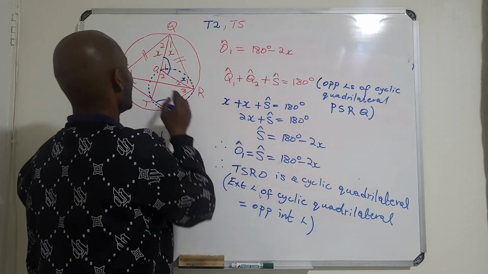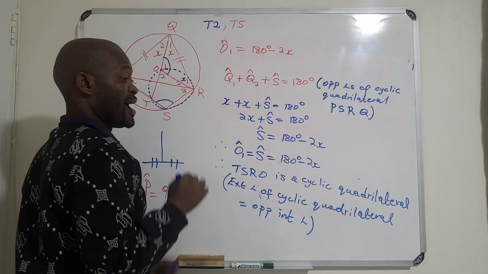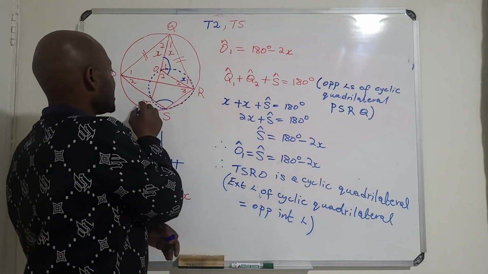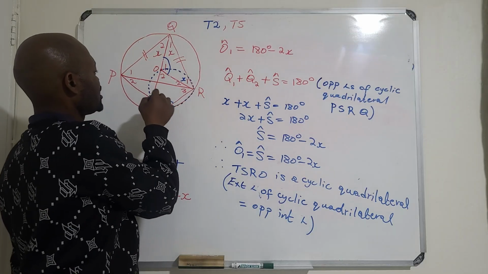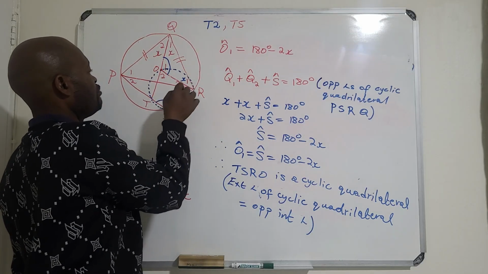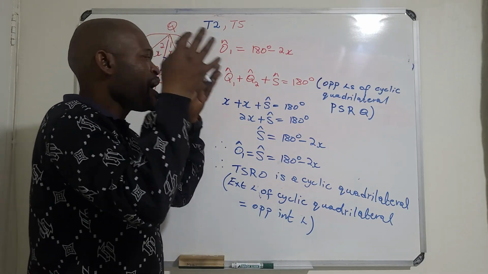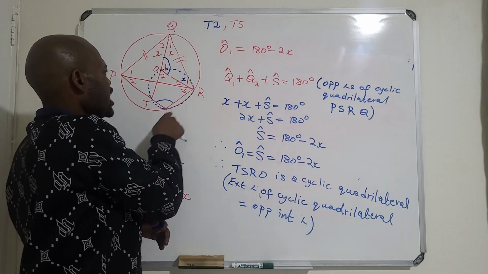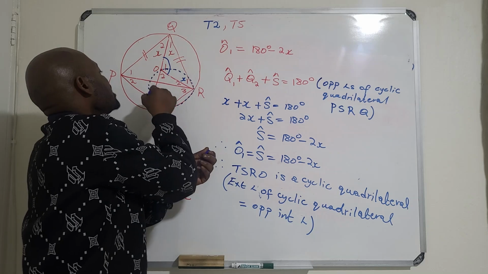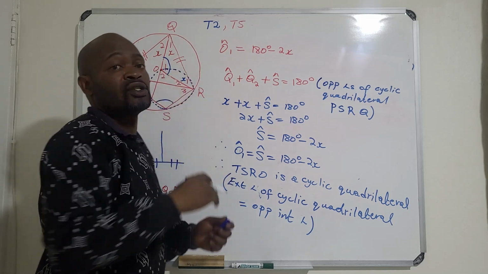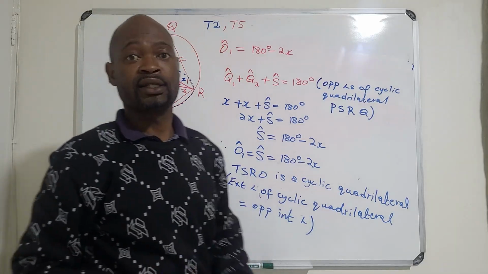That is why we say TSRO is a cyclic quad. And since we have proved that TSRO is a cyclic quad, then the circle which is dotted in blue is the circle that we can imagine. Since TSRO is a cyclic quadrilateral, it means that there's a circle there which passes through those points. I hope that this makes sense.